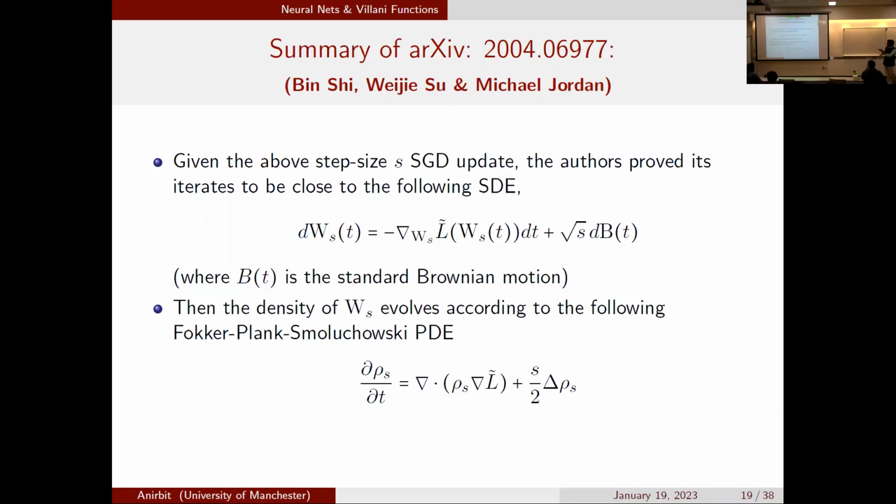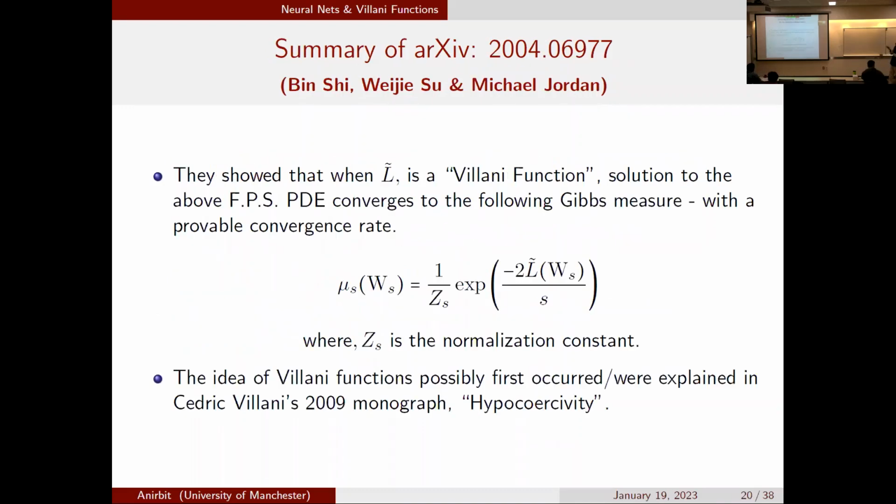And once you convert this to this FPS PDE, you can start making an interesting observation. The key observation they made was that if your loss function L tilde is what is called a Villani function, then the FPS converges to a Gibbs measure of the loss function.